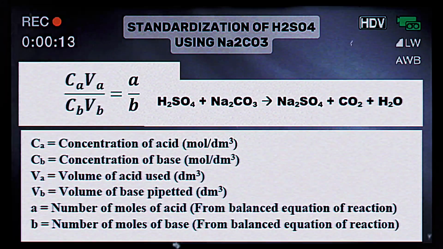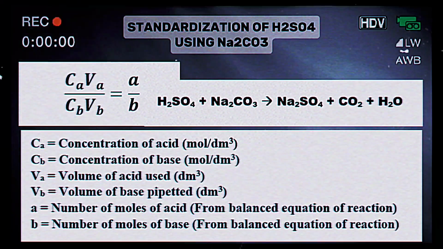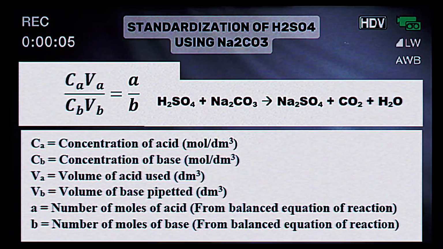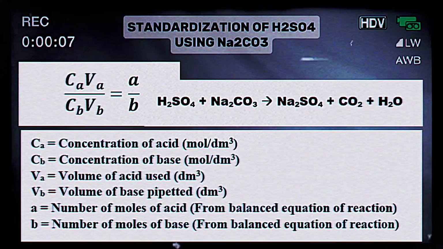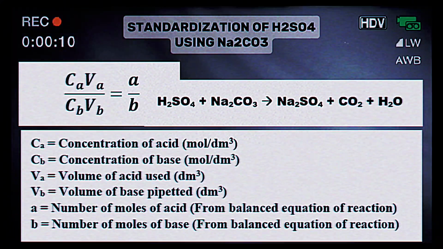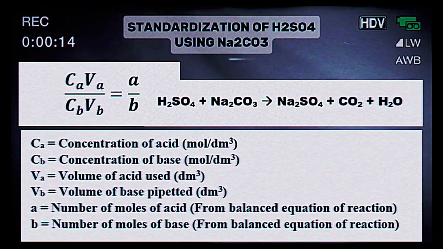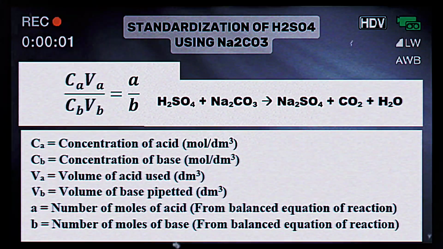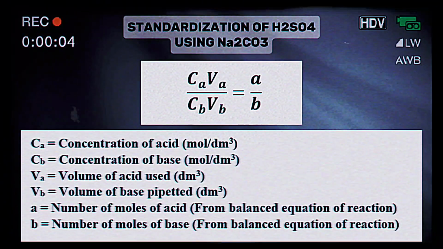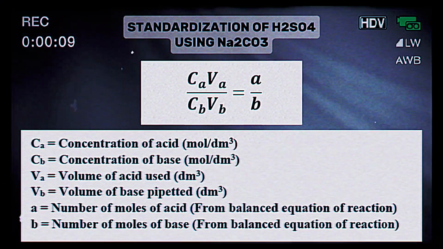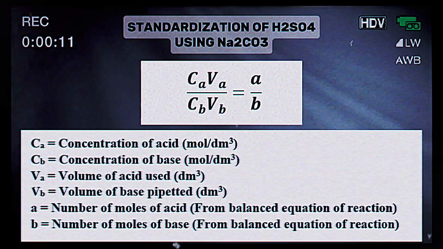Now, VA is the volume of acid used. This you can actually derive from your average titre value. You have to carry out the titration like 3 times or 4 times. Take the readings that are very much precise, the average readings, and that would serve as your VA, volume of acid used to neutralize the base. Remember, the acid goes into the burette, all right?